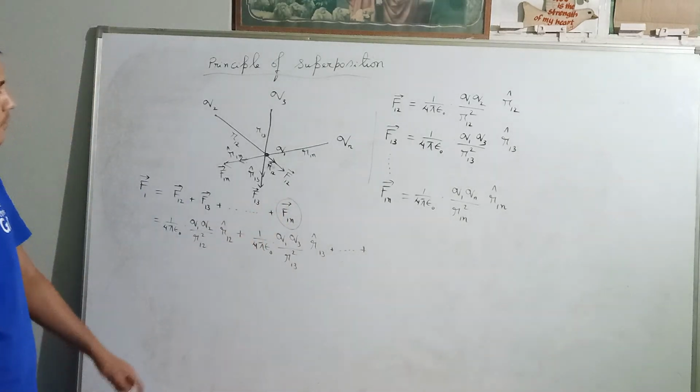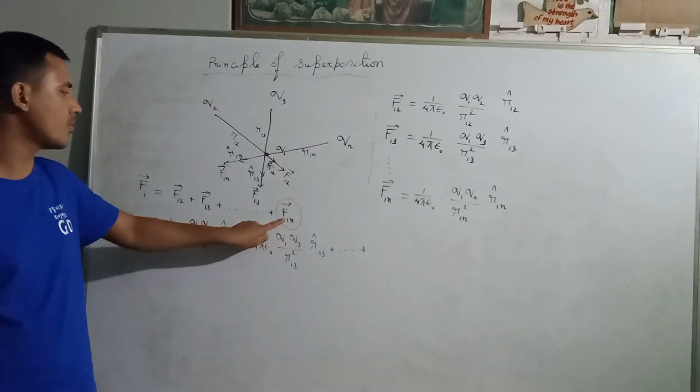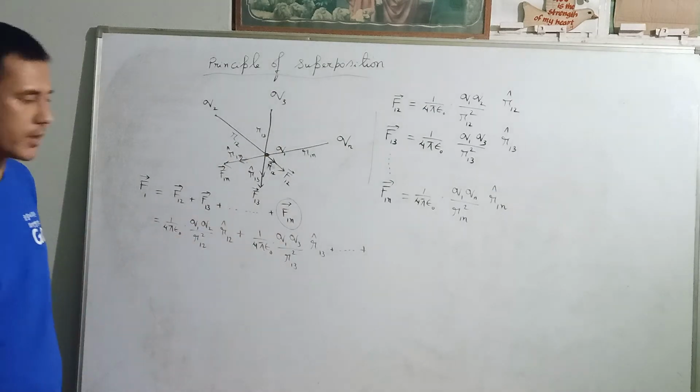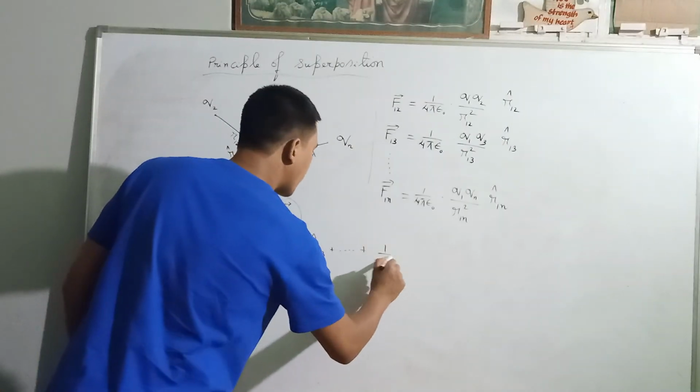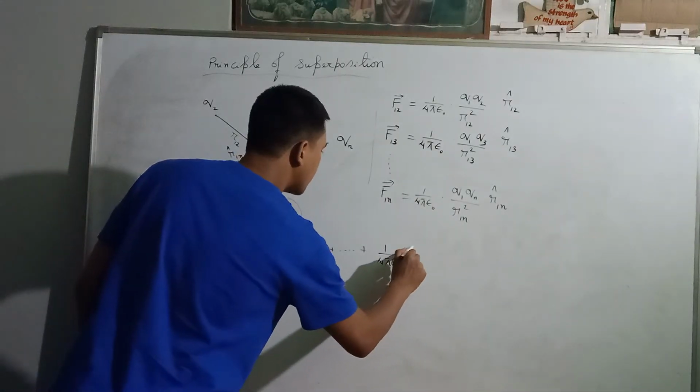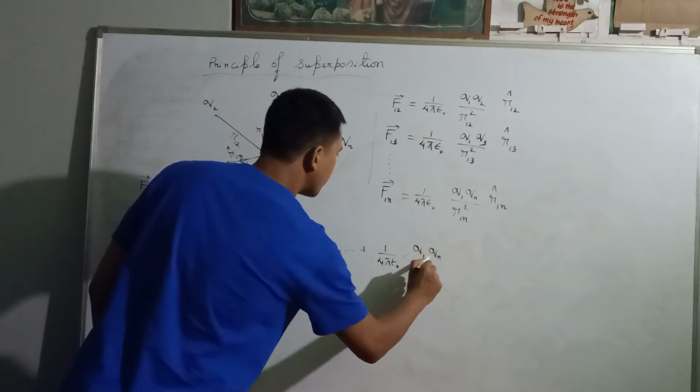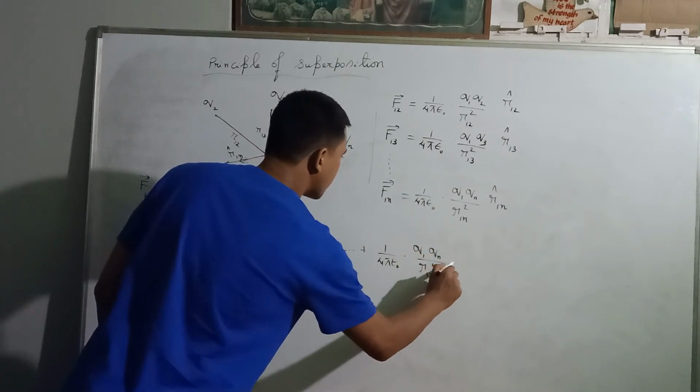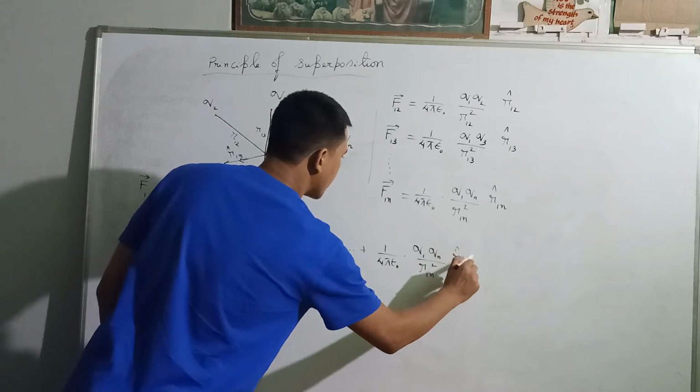And then the force acting on charge Q1 due to the nth charge, due to Qn, will be given by 1 by 4 pi epsilon naught into Q1 Qn by R1n square with unit vector R1n.